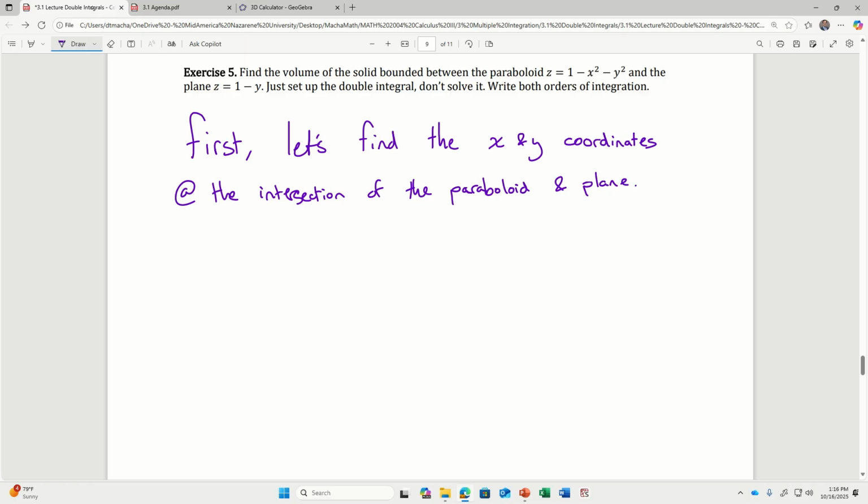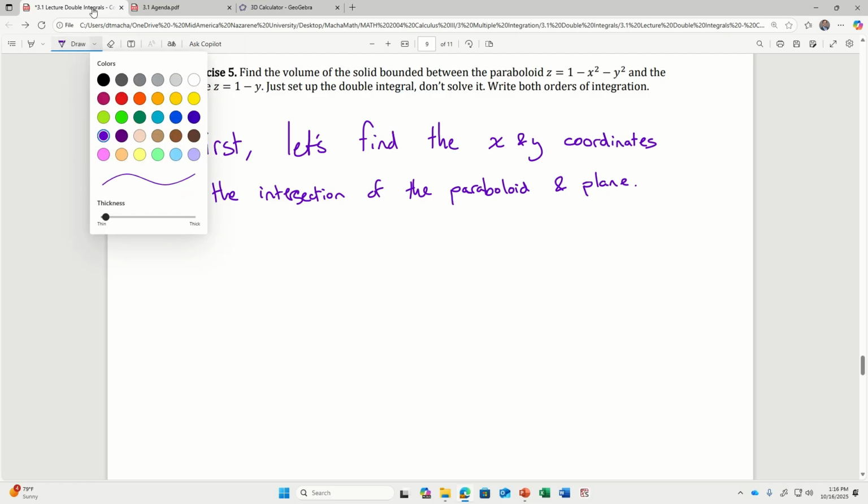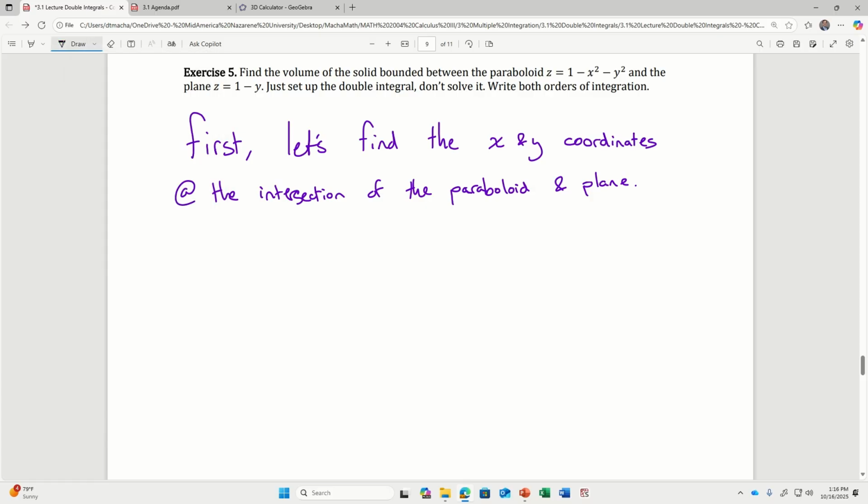Now, where they intersect, they have the same x coordinates, y coordinates, and z coordinates at the point of intersection. And so what I can do is just set z equal to z. In other words, set 1 minus x squared minus y squared equal to 1 minus y.